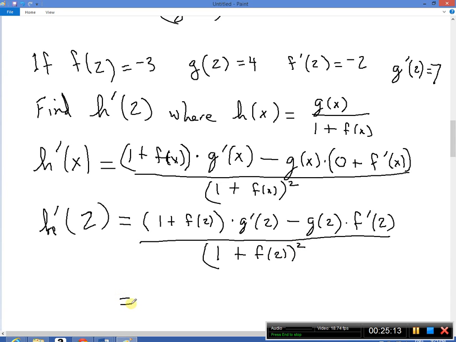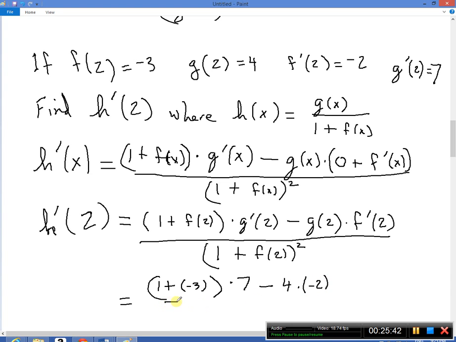And folks, you can now look all these numbers up because I think they gave every one of them to you. So this is 1 plus f of 2, which was given to be negative 3, times g prime of 2, which is 7, minus g of 2, which is 4, times f prime of 2, which is minus 2.